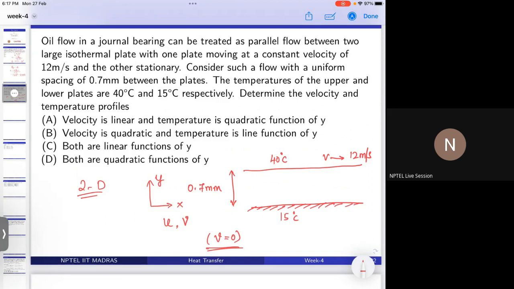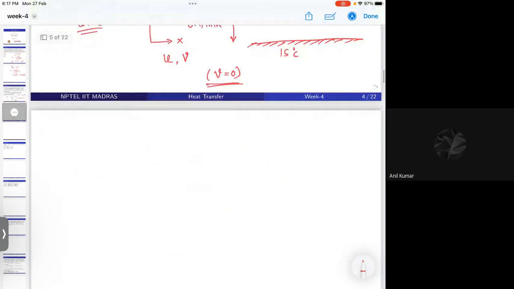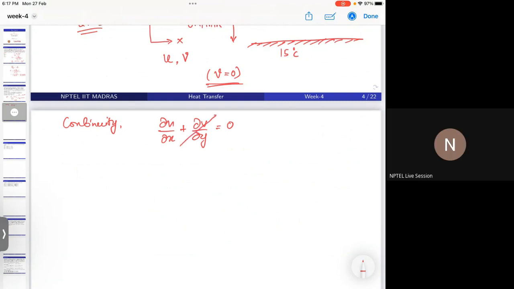So what is the continuity equation? Currently, it's 2D, so dou u by dou x plus dou v by dou y equal to 0. Am I right? Yes. So as v is equal to 0, this component is 0, right?